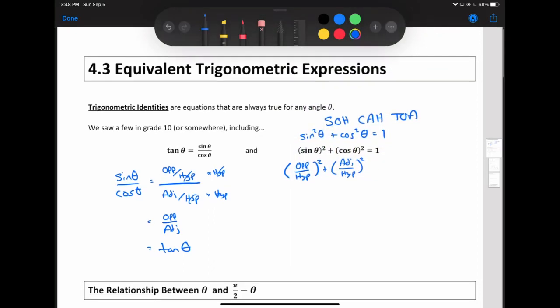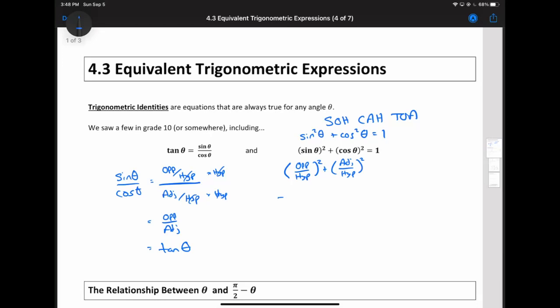There we go. That's equal to opposite squared over hypotenuse squared plus adjacent squared over hypotenuse squared.